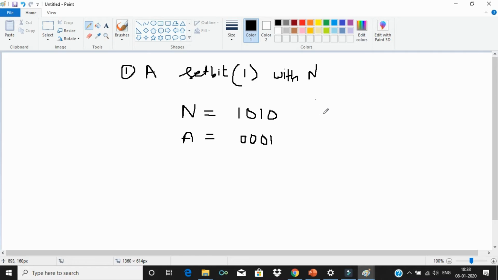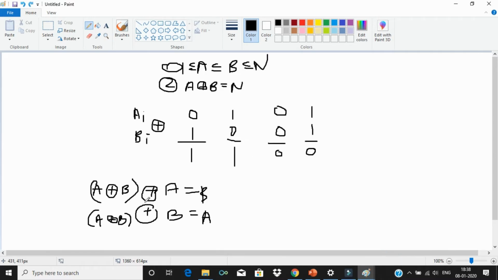As I have told you the property, A XORed with B, again XORed with B gives us A, and A XORed with B XORed with A gives us B. That means the same number XORed two times cancels out. That means A XORed with A is nothing but 0.